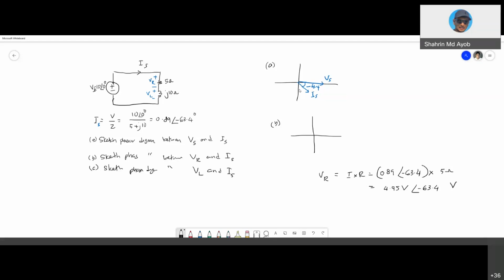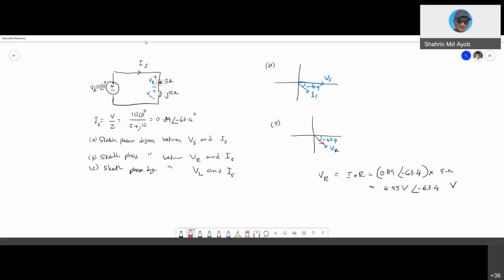Now if I plot my VR, it will be here, at negative 63.4. And the current that flows, IS, is at the same phase, but the magnitude is different, 0.89. So as you can see, the relationship of voltage and current for a resistor still applies.